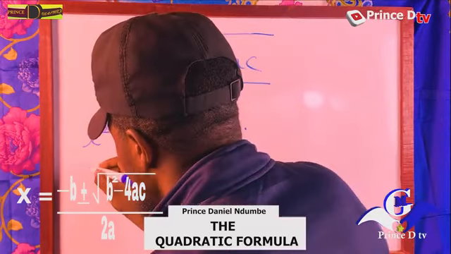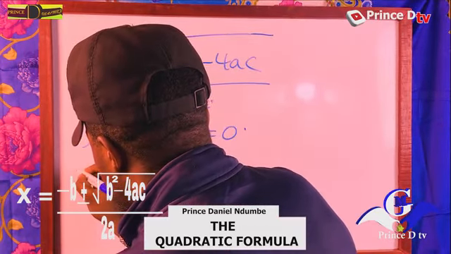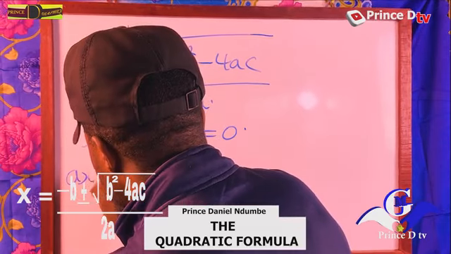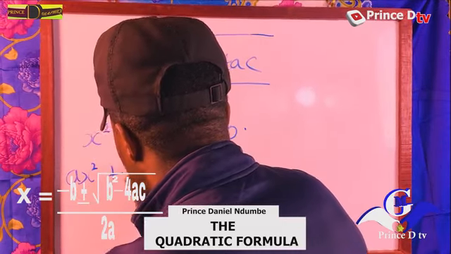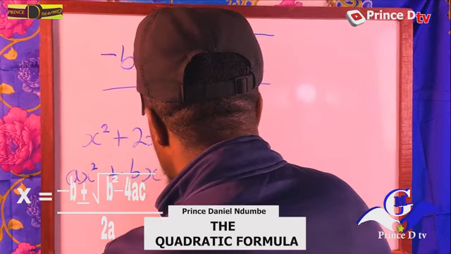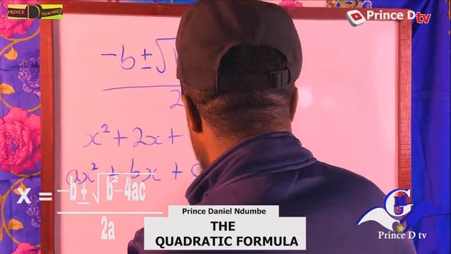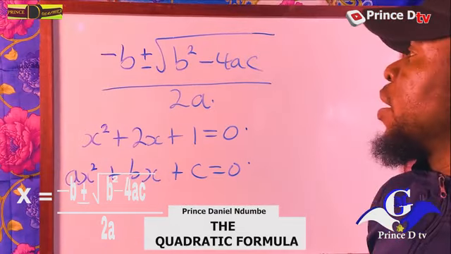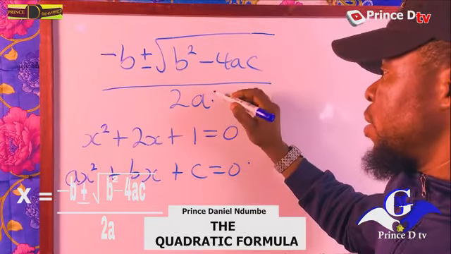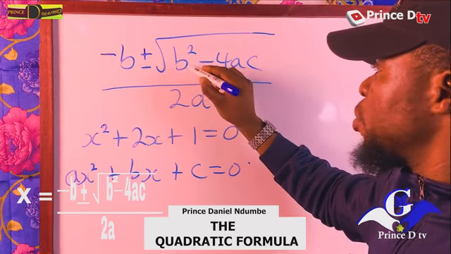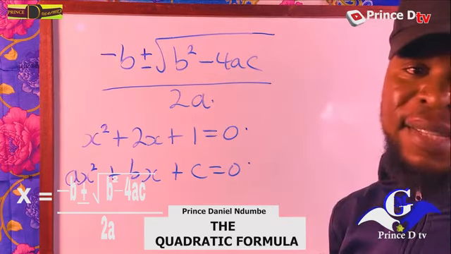That's the first thing you do. So we have ax squared plus bx plus c equals 0. We're identifying them because we have to use a, we have to use b, and we have to use c.